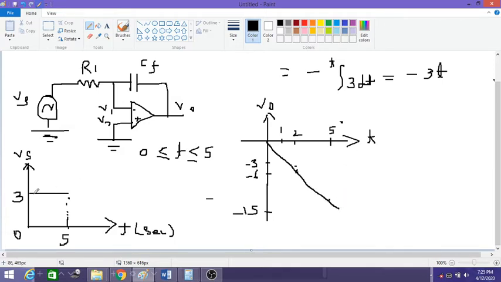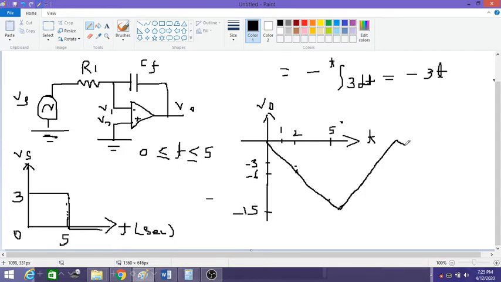This is when the voltage at the input is constantly positive. If this voltage changes, for example, if it goes to negative or to 0, then this voltage will start decreasing because the capacitor starts discharging. Then after another 5 seconds it will come back to 0.